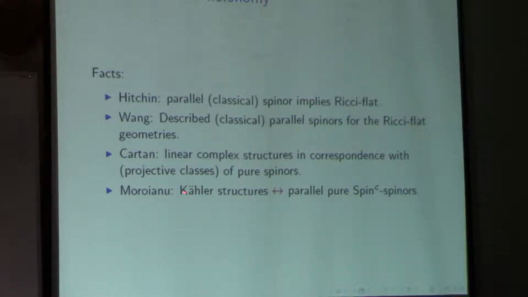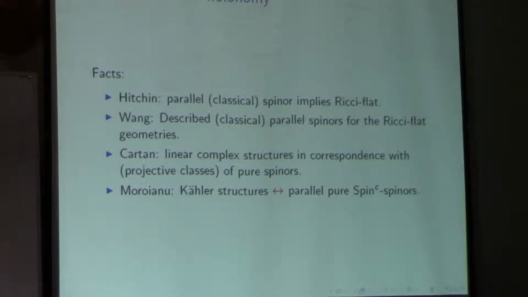Later on, or much later on, Moroianu studied the case of pure spin-C spinors. I'll show you in a little bit what they are, and he showed that we could have non-Ricci flat Kähler structures associated to them if we just consider spin-C instead of the spin group.